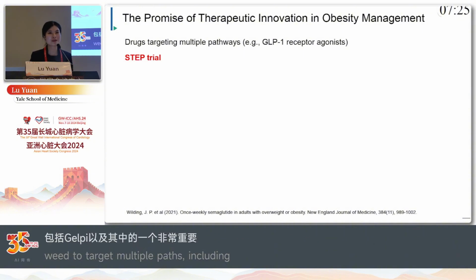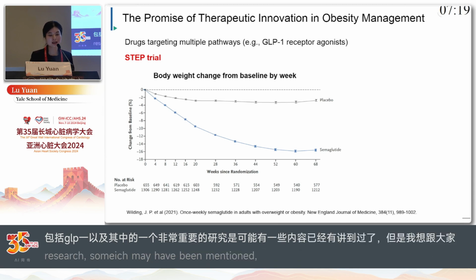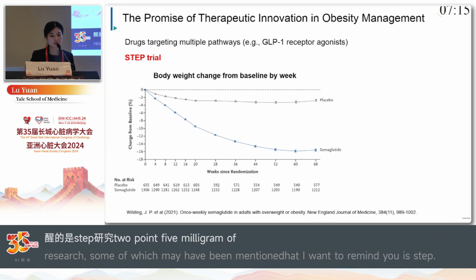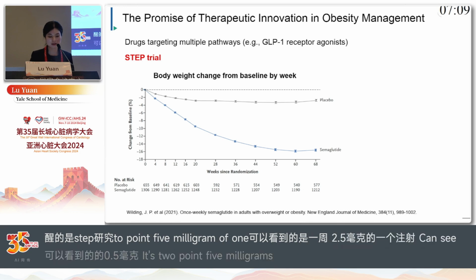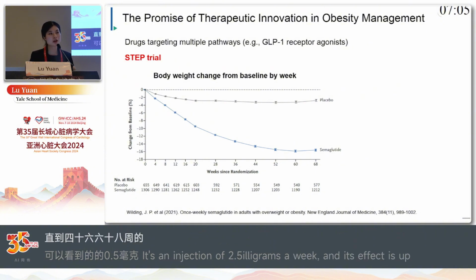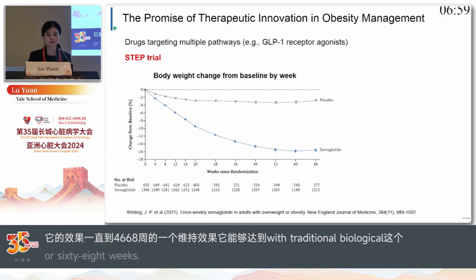There's maybe overlapping material already talked about, but just to remind you, the STEP trial is looking at semaglutide injection, 2.4 milligram once per week, up to 68 weeks. You can see that it's about 16% weight reduction there, much more than the previous traditional pharmacological treatment that I showed on your previous slide.